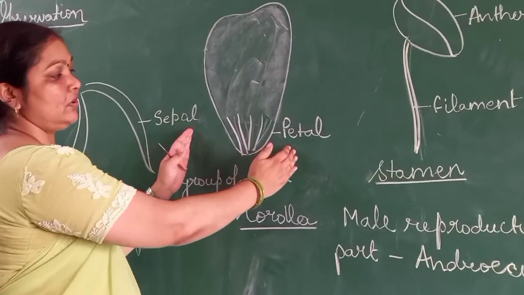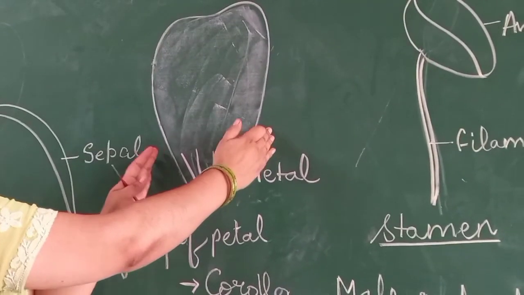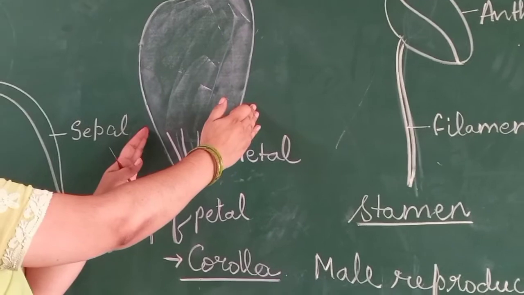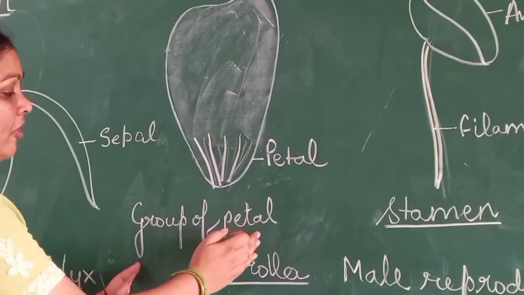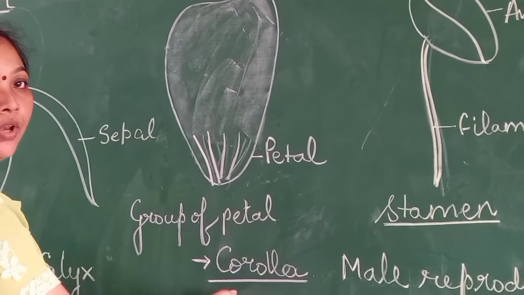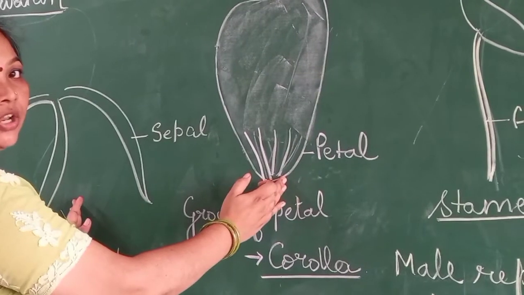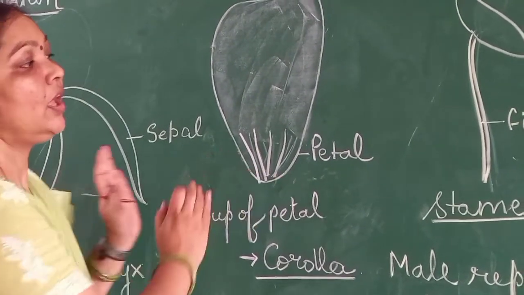Now the second one is petal, which is brightly colored, and its function is to attract insects for the purpose of pollination. And a group of petals is called corolla. These two whorls are non-essential whorls because they do not participate in reproduction.